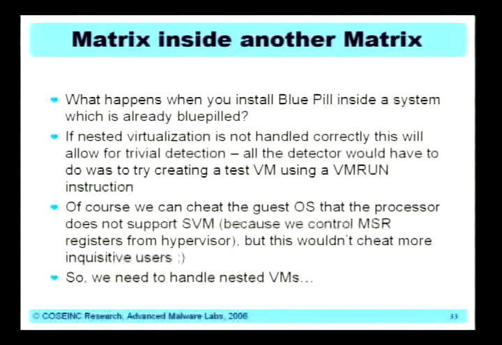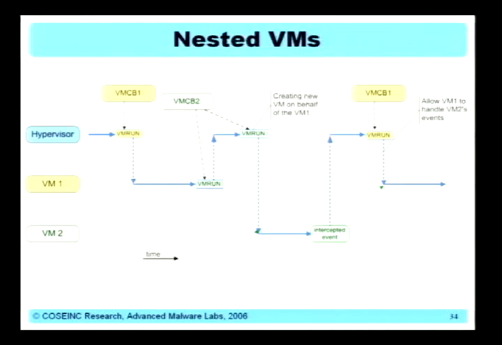Of course, the easy way of cheating is just to intercept CPUID, just like Dino said, and pretend to the operating system that this processor doesn't implement SVM. But again, this is very easily detectable by a user who is aware that she actually bought an SVM-capable processor. So we need to handle nested VMs.